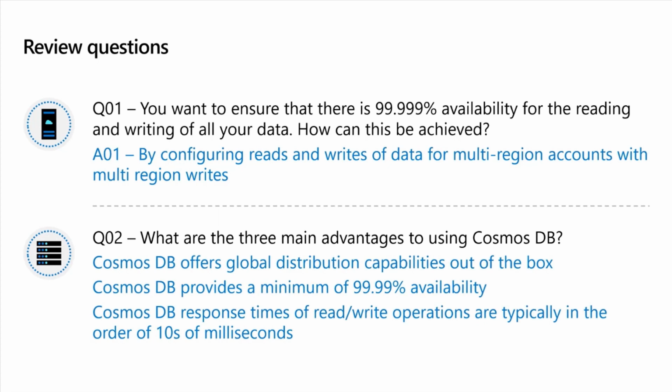So Cosmos DB offers globally distributed capabilities out of the box, with minimum availability of 99.99%, and read-write latency typically in the order of tens of milliseconds. Remember the actual numbers: less than 10 milliseconds and less than 15 milliseconds.